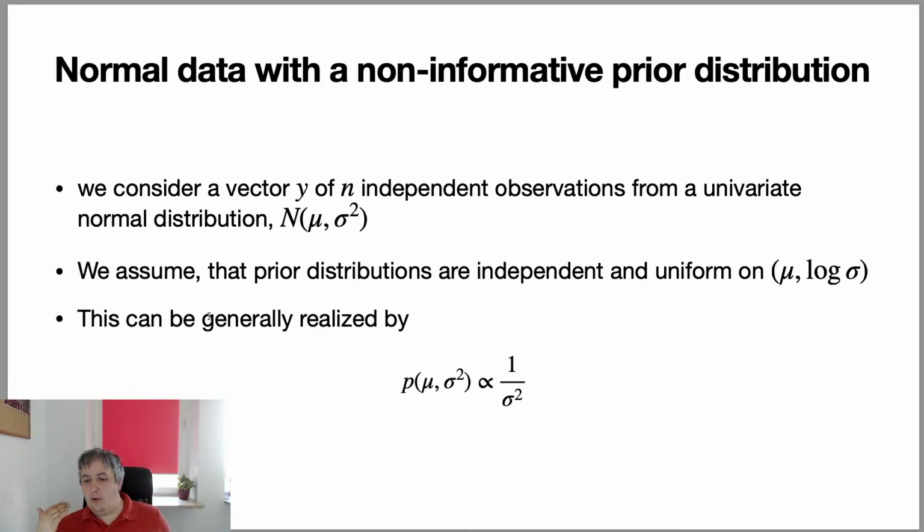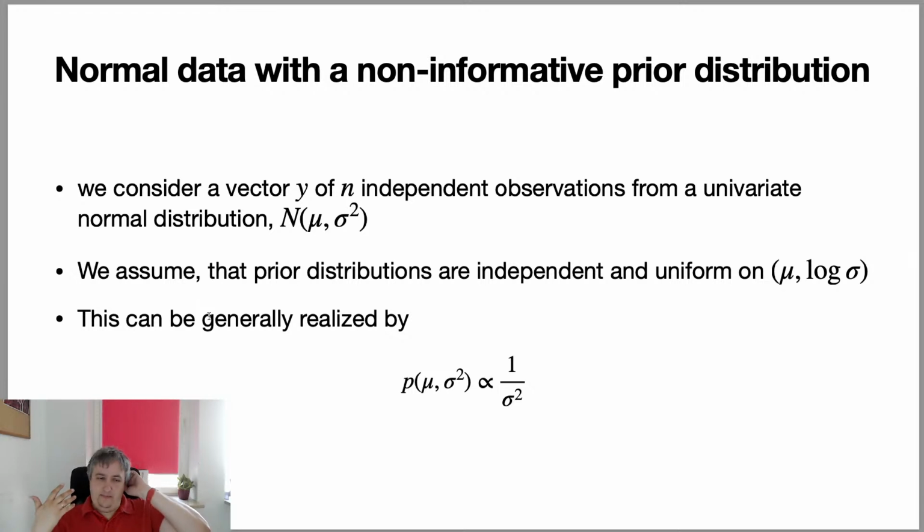So, in order to express our ignorance of variance, we need to be ignorant not only about its actual value, but also on the fact that we are not really aware which order of magnitude is here.